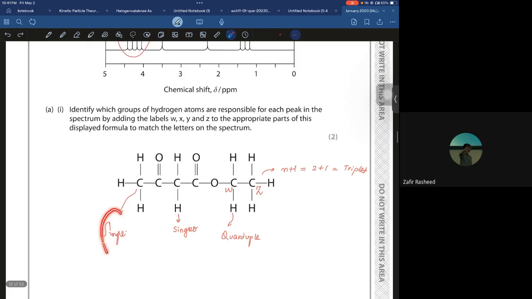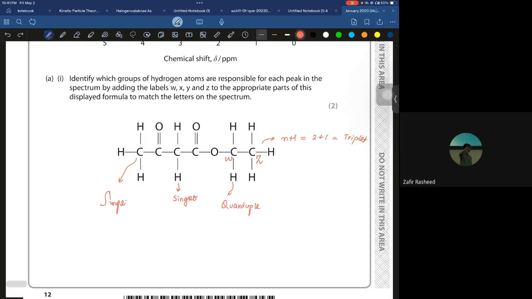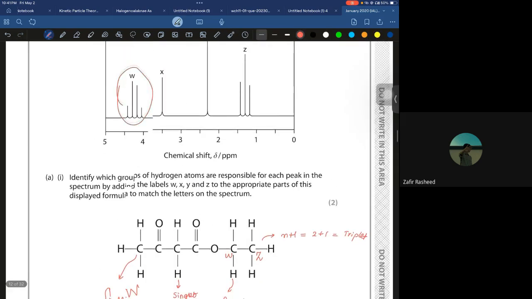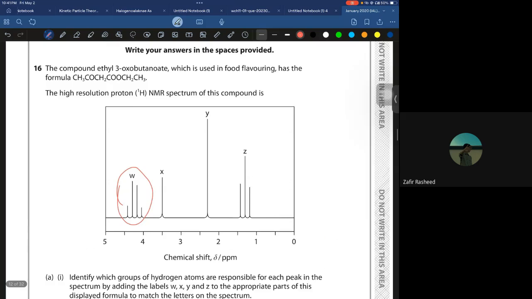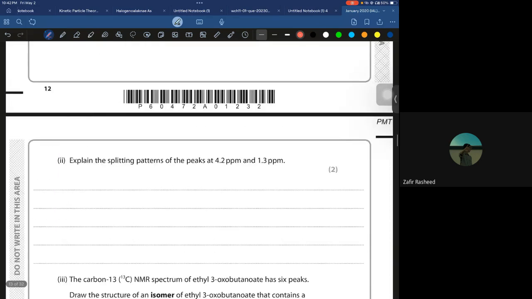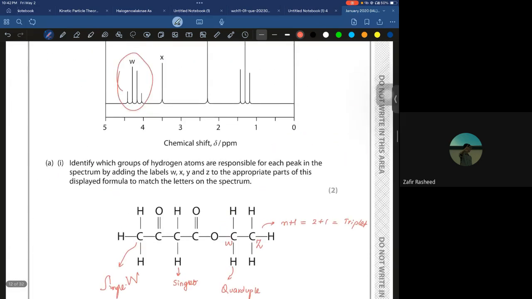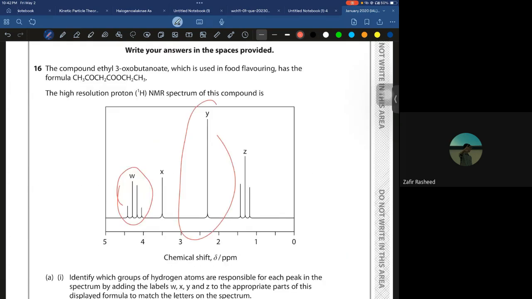So this is X and this would be Y, because Y has the higher number of hydrogens.